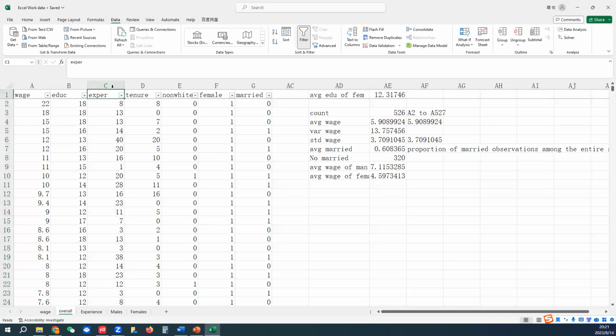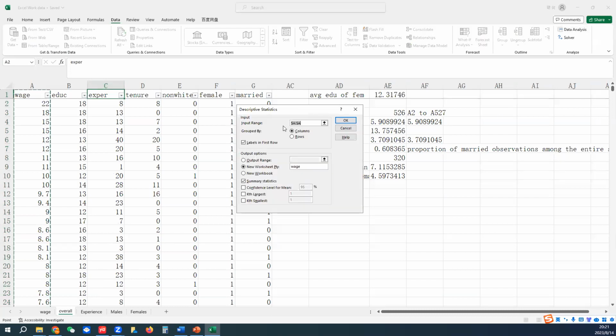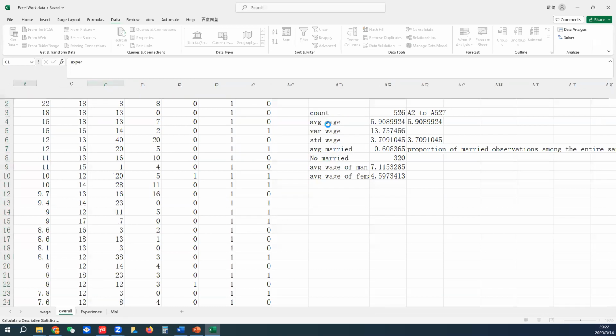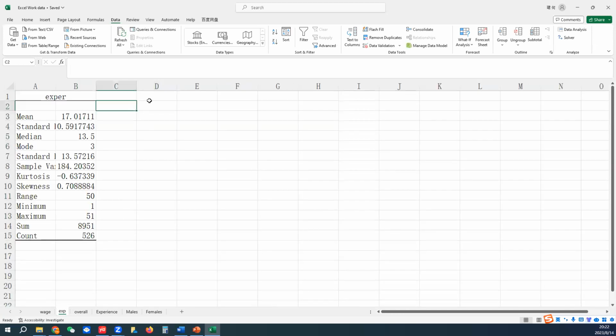The next step is to find the summary data. Now instead of looking at column A, we're looking at column C. Here we have experience as the output. So this is the result of experience, and here we are guessing H0: the population experience is equal to 16.